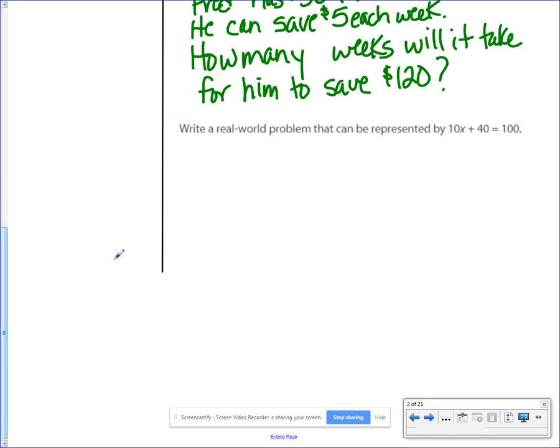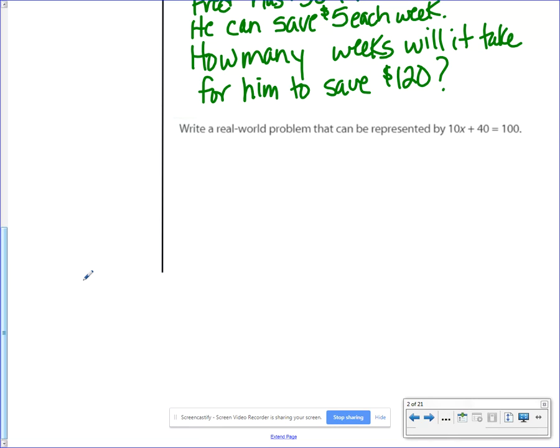Here's another one. Can you think of something that would go along here? What kind of stuff do you accumulate or something like that? Let's say this. I have a goal of getting 100 songs in my iTunes account.